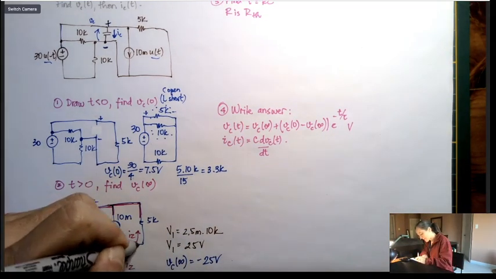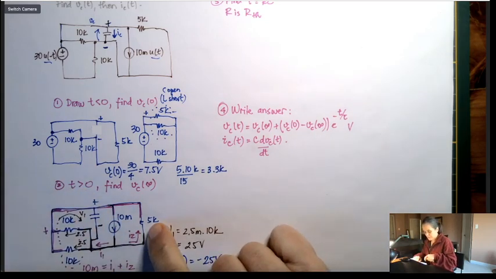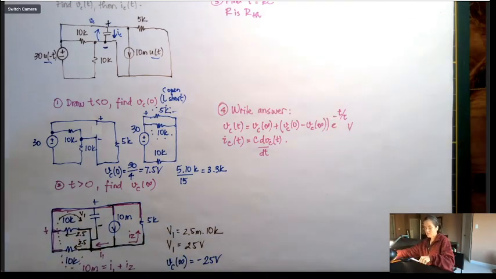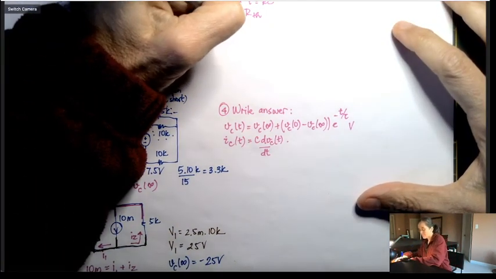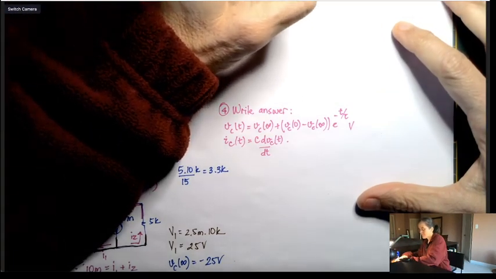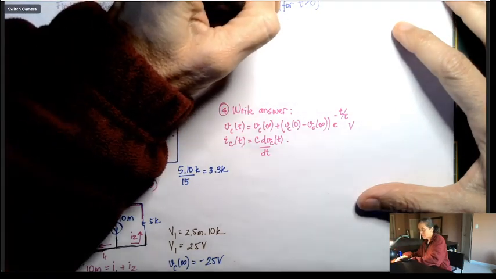So if I keep painting this node, you're going to see that the 5K is in parallel with the 10K and is in parallel with the 10K. So the RTH for the circuit for t larger than 0 is 2.5K.